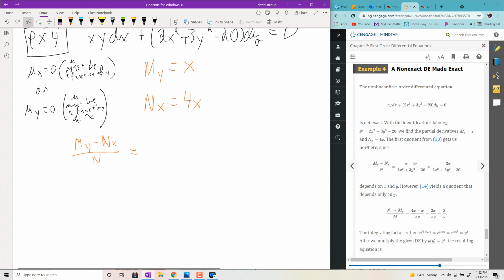In this case, it's going to be x minus 4x all over n, which is 2x squared plus 3y squared minus 20. Simplifying, negative 3x all over 2x squared plus 3y squared minus 20. This is bad, and it's because it's a multivariable expression. This won't work.